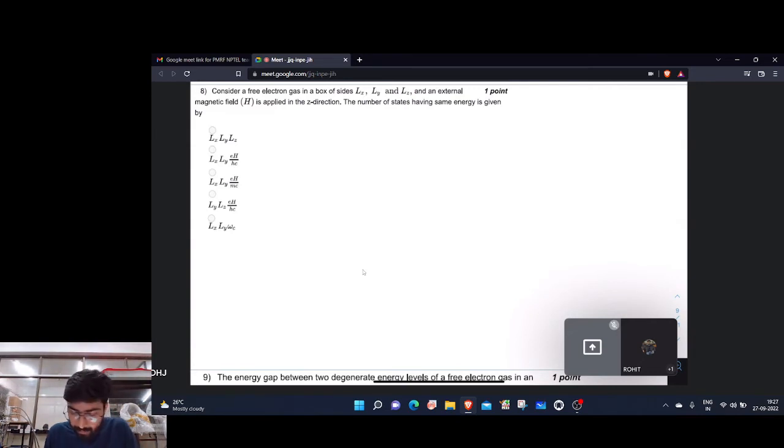Let us consider a 2D lattice, and these are the k points in the two-dimensional lattice, in the direction of kx and ky.